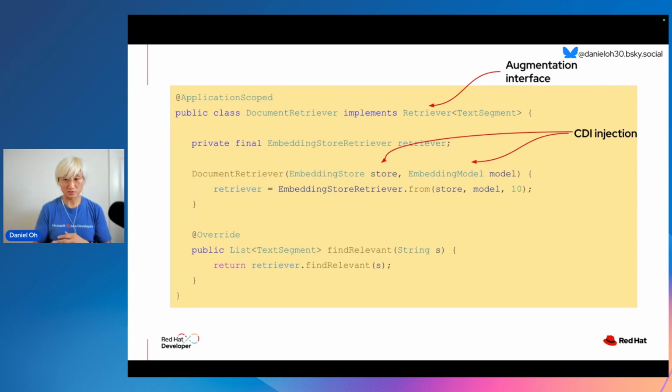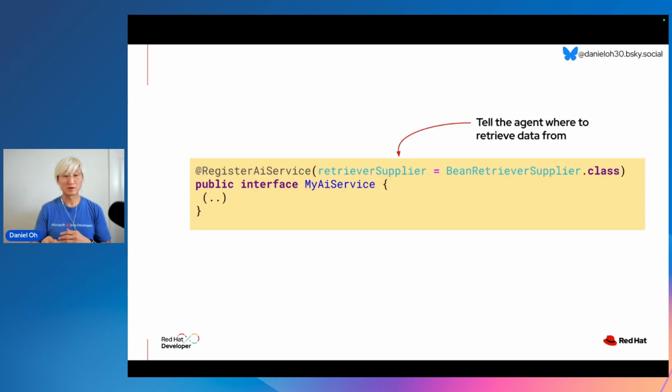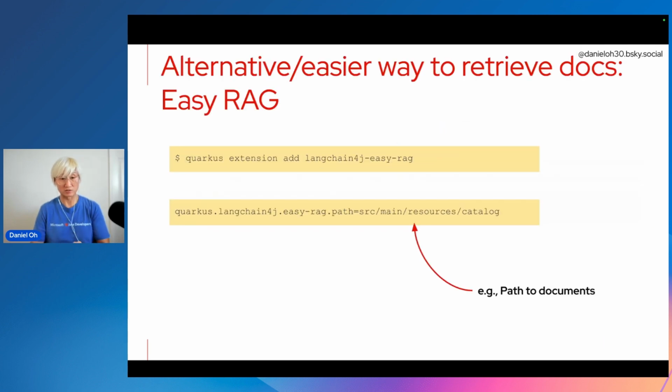Of course, with Quarkus you have fundamental CDI injection and so on. Then you can define your AI services, or whichever tool or agent you're going to use, with the retriever, just like this code snippet.